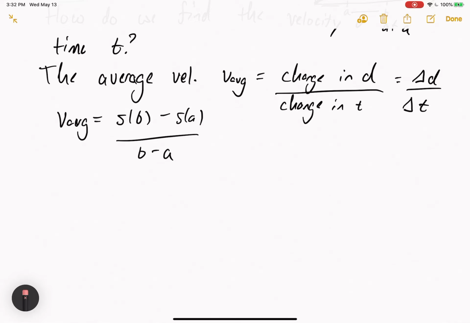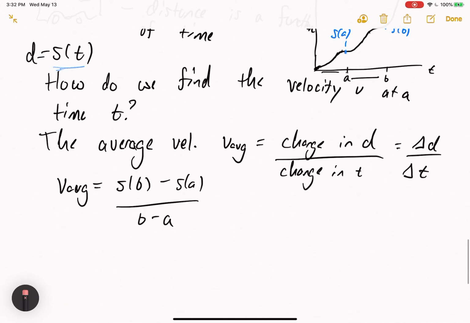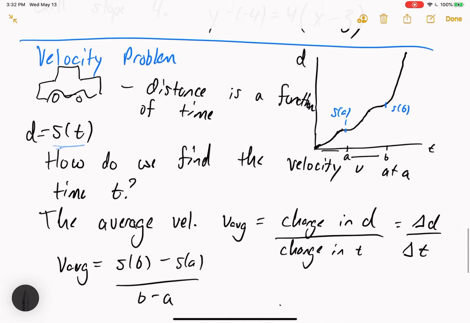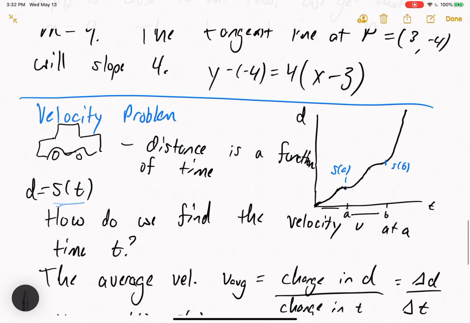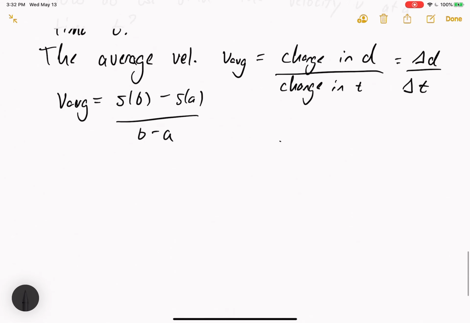So if we call this point right here P, and this point right here Q, then, using similar notation as earlier, PQ will be that line, and this will be the secant.